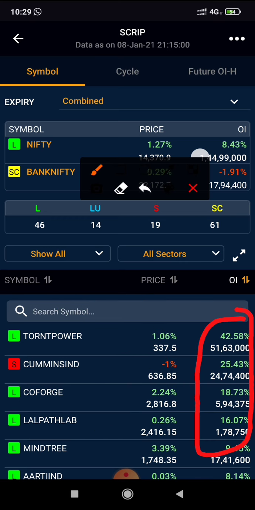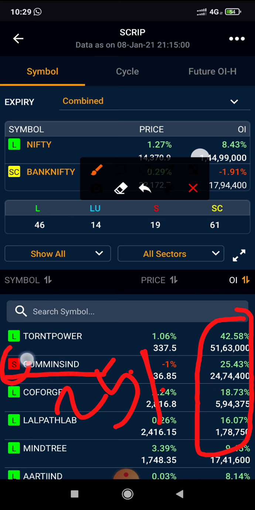Here, look for stocks with a minimum of 15% open interest. 25% is better actually. 25% gives a very good move in that particular direction. And if you see S here, it means the stock is getting shorted, it's going down. So in that case you should look for an opportunity to sell at a resistance in this particular stock.